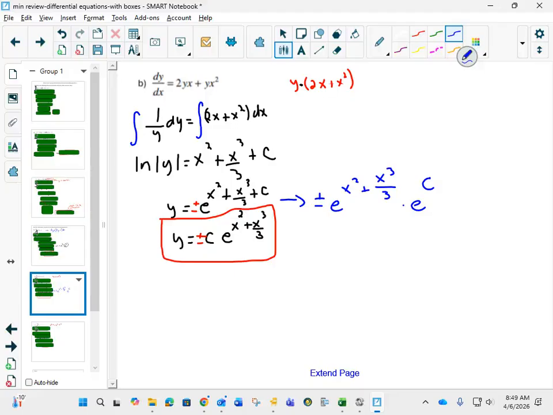So if I added those exponents together, I would get exactly what I have here in this box to start with. And then thinking that e to the c is another number, I could just bring that c out in front. And once again, the plus or minus wouldn't matter because c could be any number.